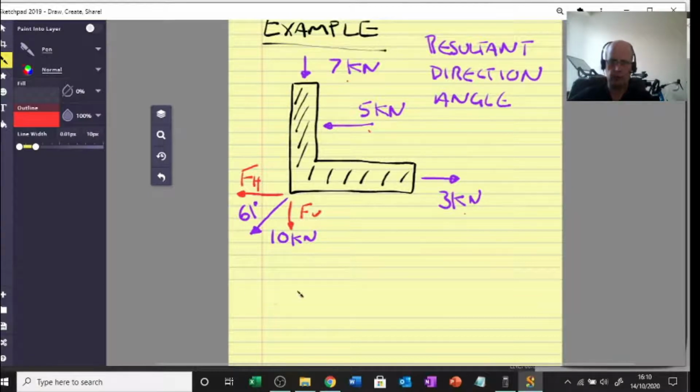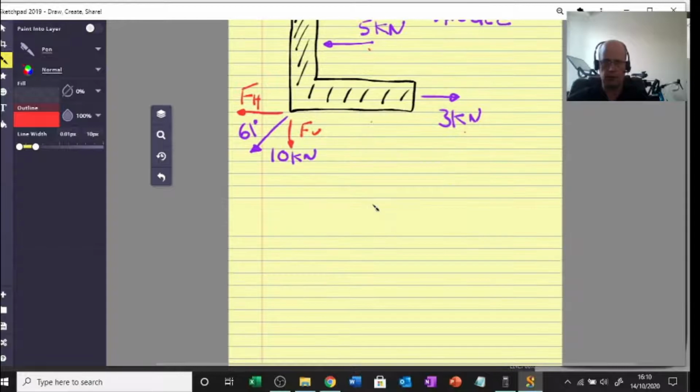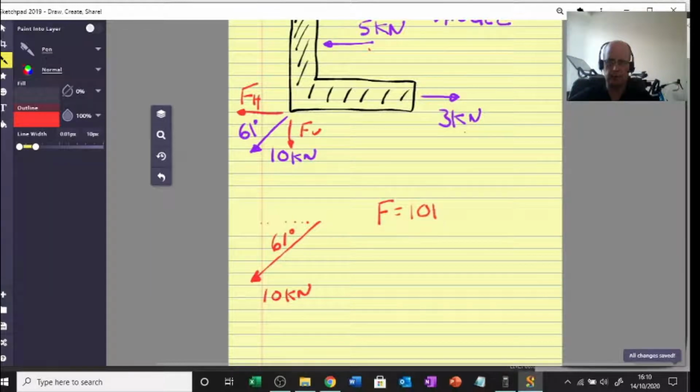So what we've got is a force really like this, coming down like that at 10 kilonewtons, and the angle in here is 61. So F is 10 kilonewtons. You haven't got to put the 10,000 in, you can put it in at the end. And the angle is 61 from the horizontal.